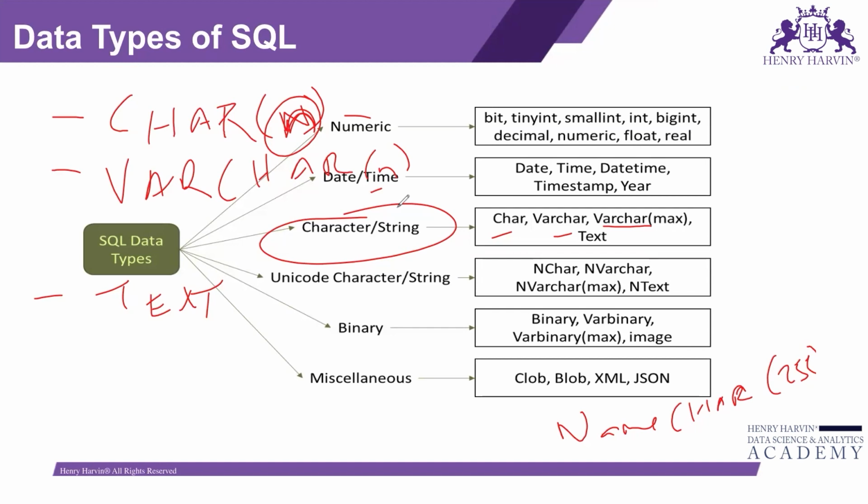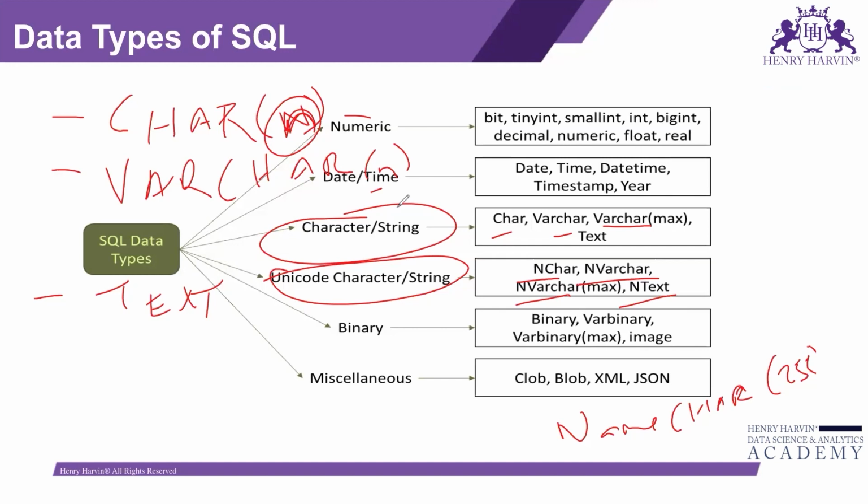It's more or less the same as what we've discussed, but here we also specify the number, with a capital N at the beginning of it, like nchar, nvarchar maximum, and ntext.